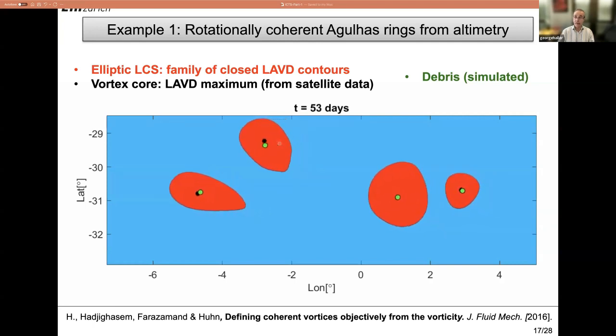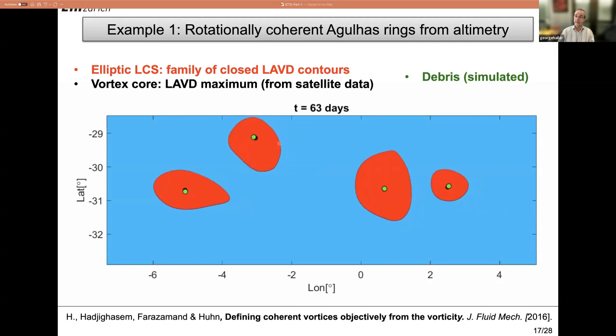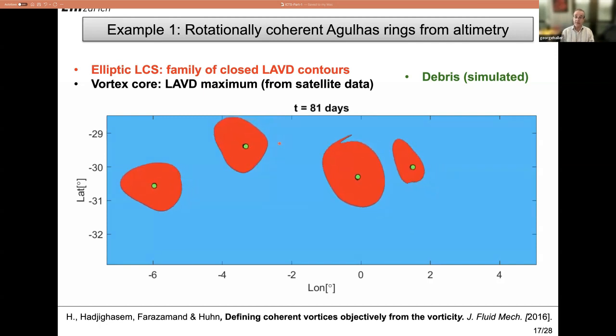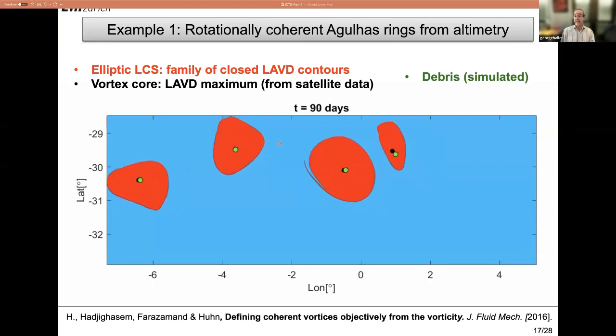The black dot is just the LAVD maximum. That was stunning to see, because this was an example in which there was a mathematical prediction for something we had never nailed before. We thought it was maybe the minimum of the FTLE that would be the vortex core. No, that never worked out. But this one, LAVD maxima are the ones that you would actually observe in a flow visualization experiment, as this simulation shows.